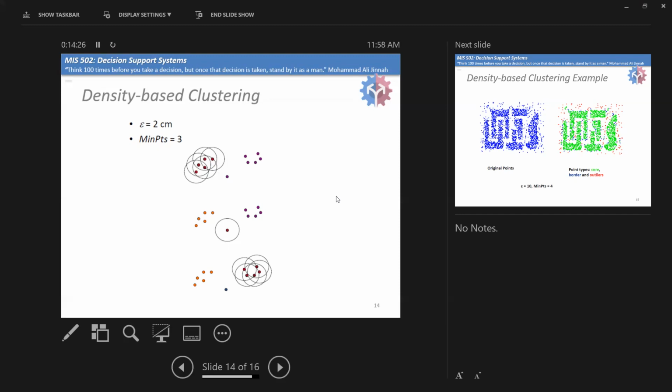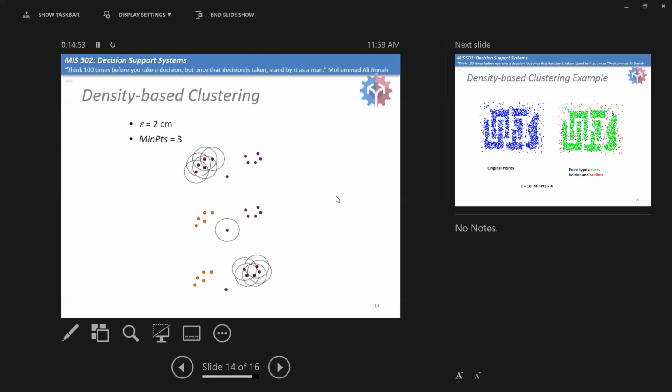Let's start with something that we wanted to talk about. So how many points do you see within its neighborhood? 3. If you find the minimum points, you call it a core point. So we are calling this point a core point.